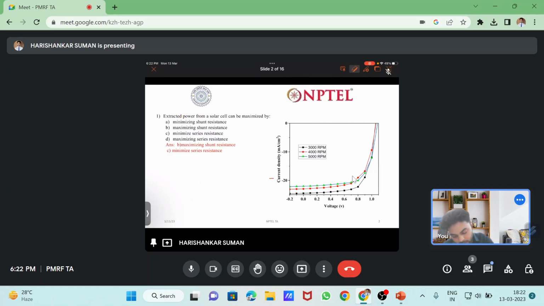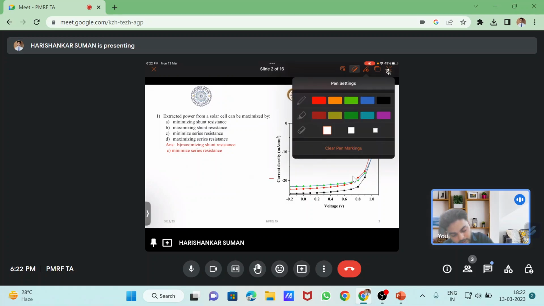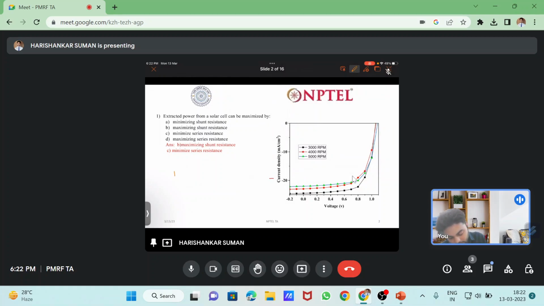So we have to maximize power. The curve should be like that, with a 90 degree corner. So what is the answer? Maximize shunt resistance.